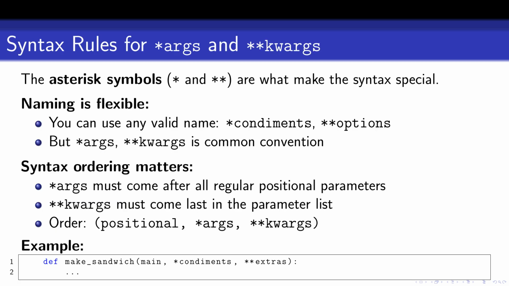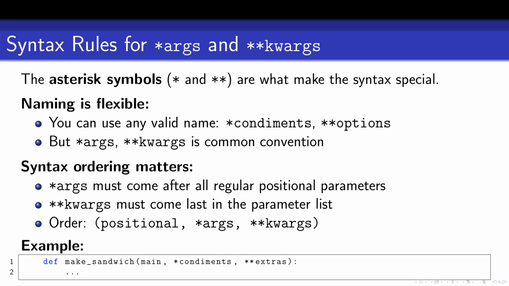When using single asterisk args and double asterisk kwargs, syntax rules and ordering matter. All regular positional parameters must come before single asterisk args, and double asterisk kwargs must always come last in the function definition. This order, positional parameters, then single asterisk args, then double asterisk kwargs, ensures Python knows how to assign incoming arguments correctly.